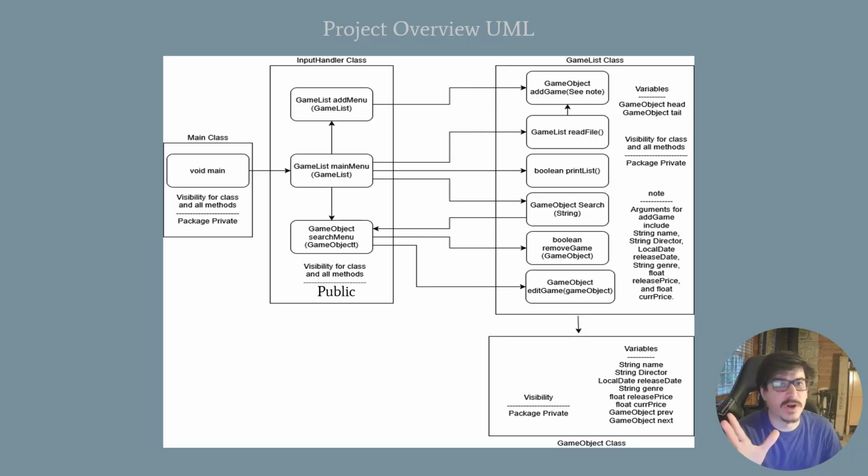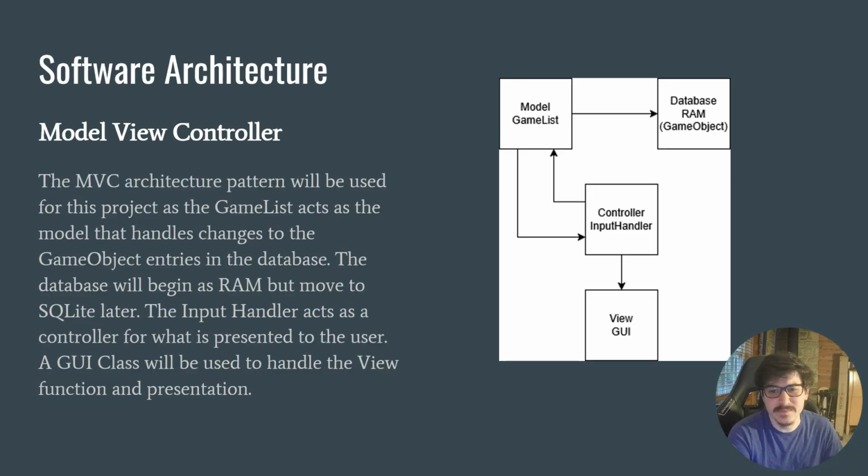This is the overall view of the entire UML. It's going to show how each method interacts with each other between classes. I just wanted to have a more detailed view into how I want to plan out these methods and how they're going to communicate with each other. This is going to be using a model view controller architecture.